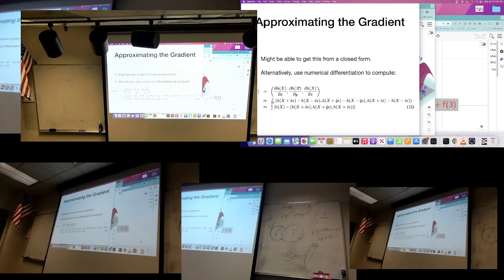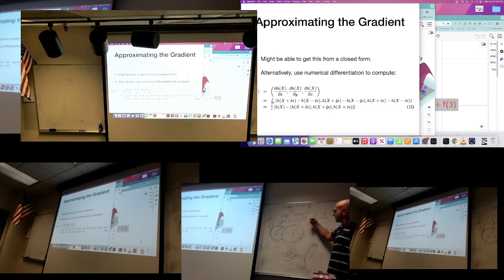Okay, and if you don't have the function exactly, then it's easy to approximate because you at least have it sampled by pixels. So if I have the function f of i and j, and I take f of i, j plus 1 minus f of i, j minus 1, and take half of that, what did I do?